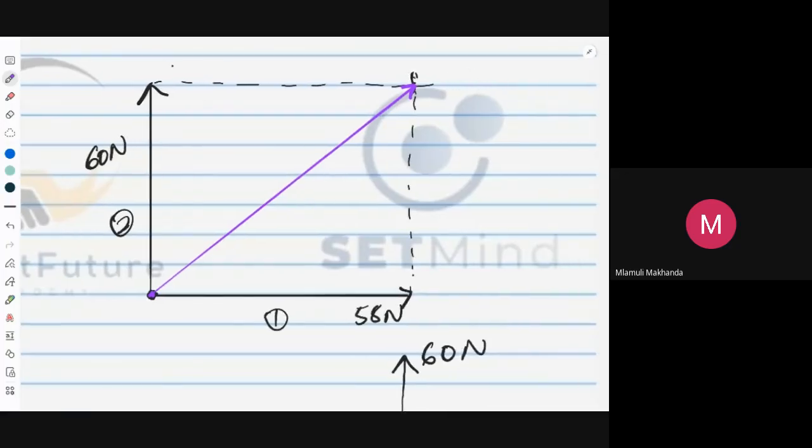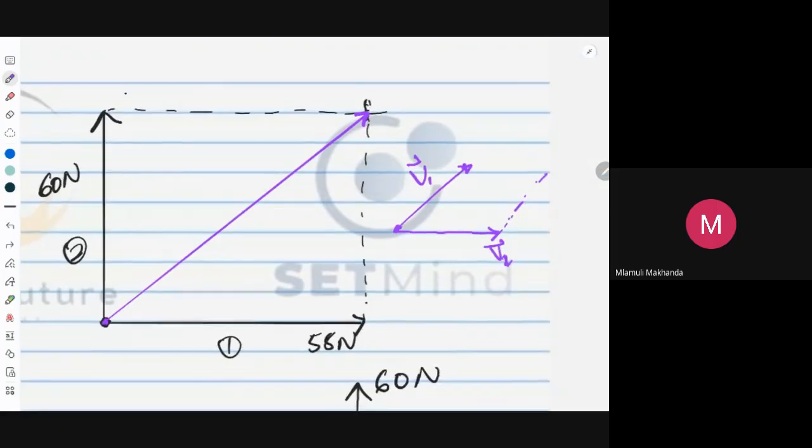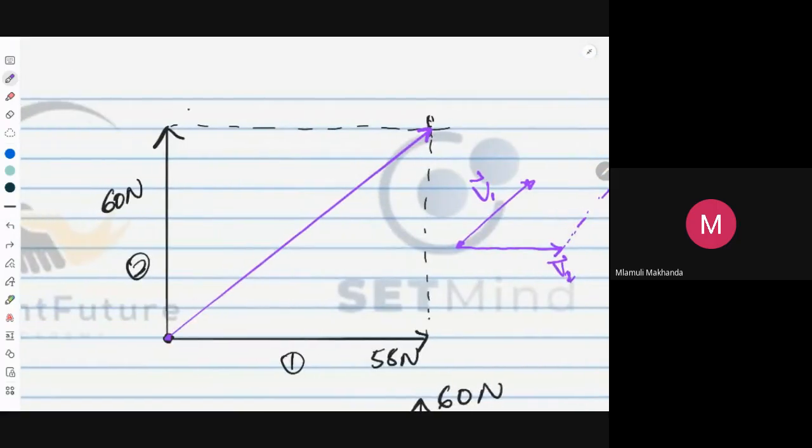Obviously, sometimes the vectors are skewed. You find that maybe the vectors are like this. This is vector 1, and then this is vector 2, right? Let's call this v1, this v2. Let's just add those arrows to show that these are vectors. Same thing here. You would draw a line parallel to v1.